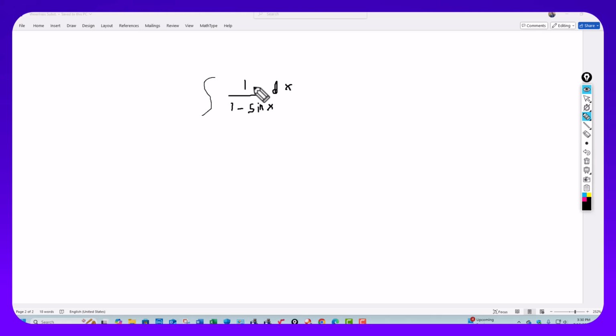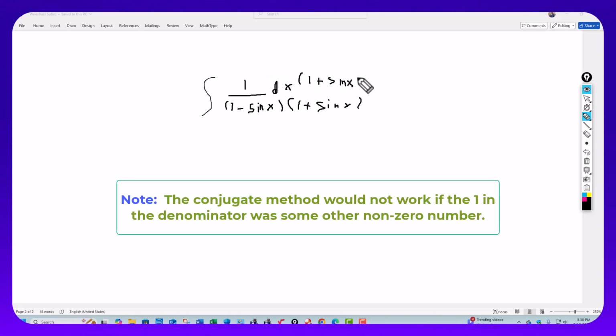This one right here, I would multiply by the conjugate. If I don't have to use those substitutions I just went over, I would multiply the numerator and the denominator by the conjugate of what I have in the denominator. So then this is transformed to an integral that has a 1 plus sine of x in the numerator, and then this product in the denominator is 1 minus sine squared.